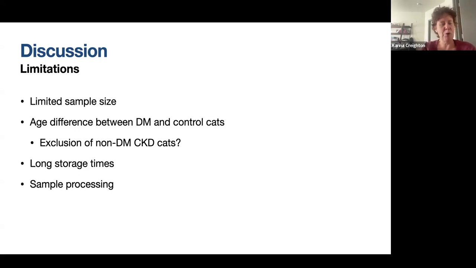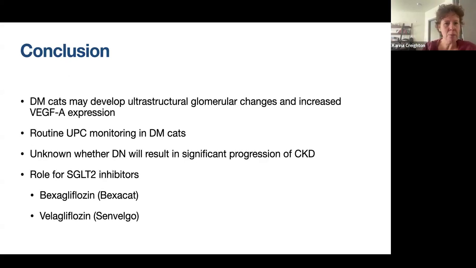Obviously, there were some sample processing issues which they described, where it sounds like they lost some samples just when they were trying to deparaffinize the samples for TEM evaluation. So whether that further limited their sample size, perhaps there were some cats that they couldn't then include because of the problems with processing the samples.